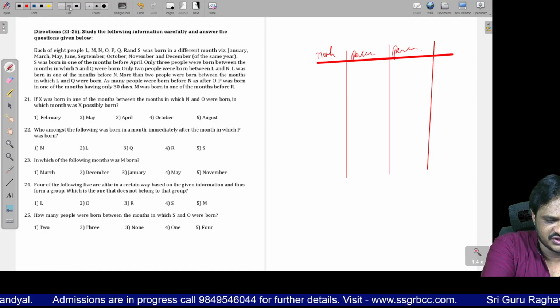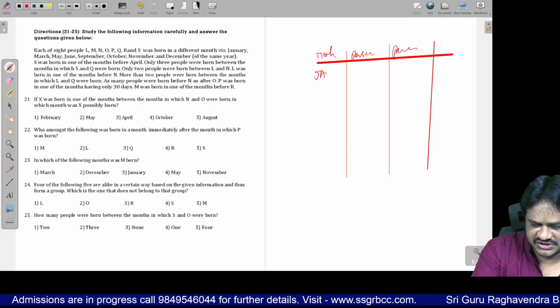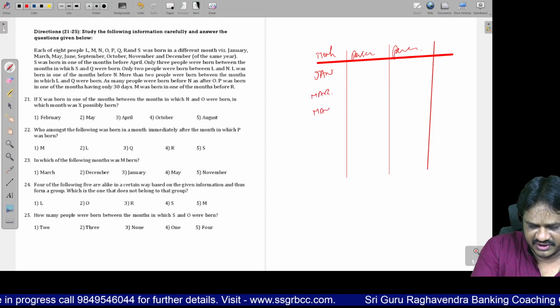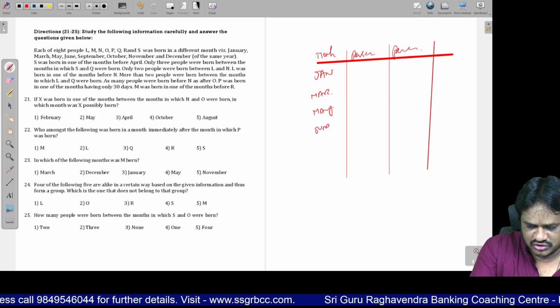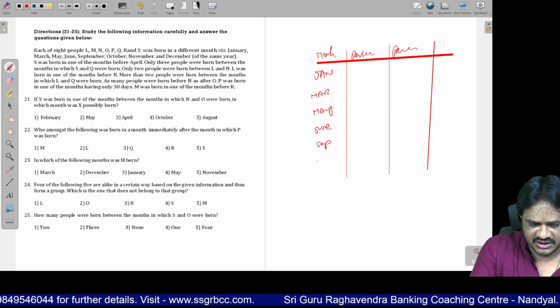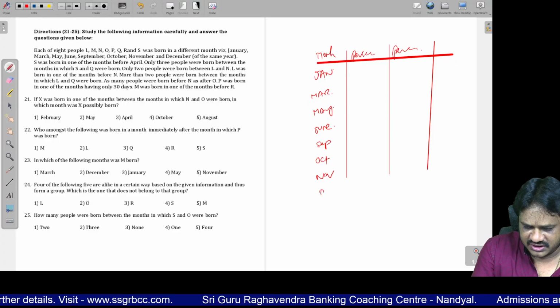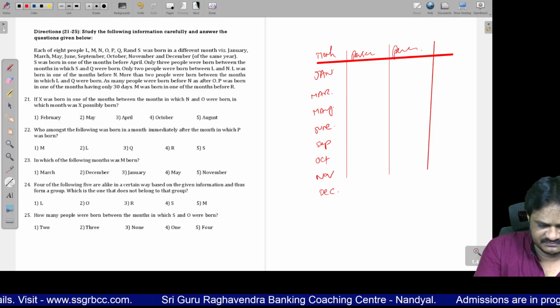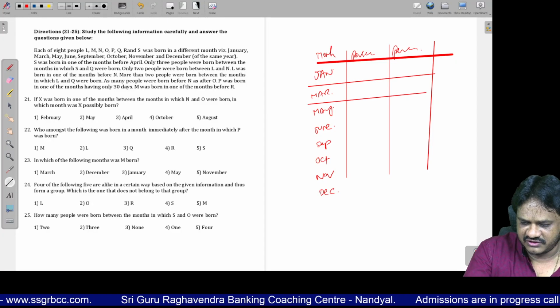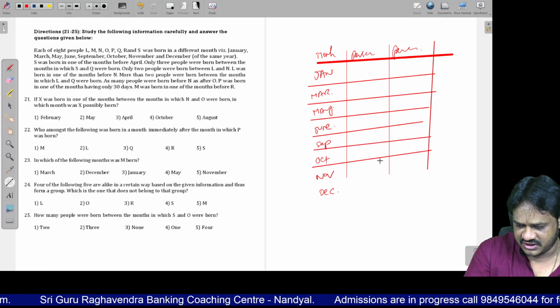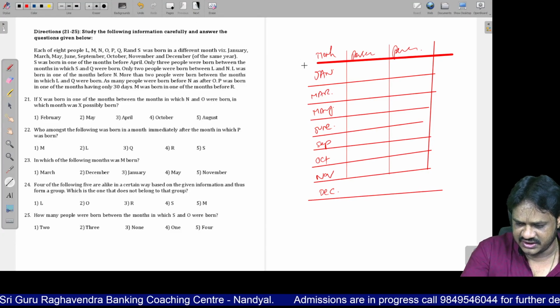Below the months, you write down the names of the months, that is January, March, May, June, September, October, November, and also December.